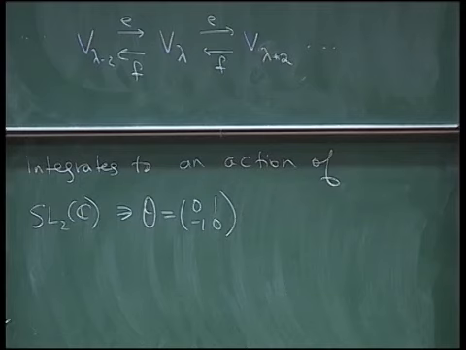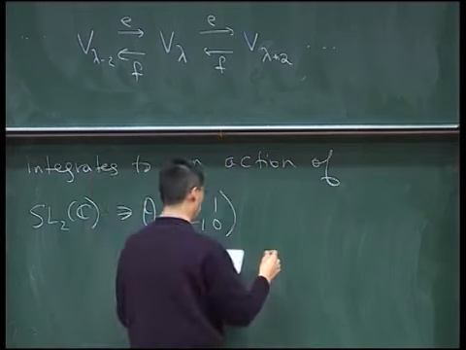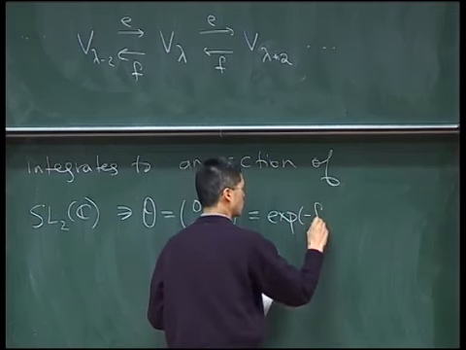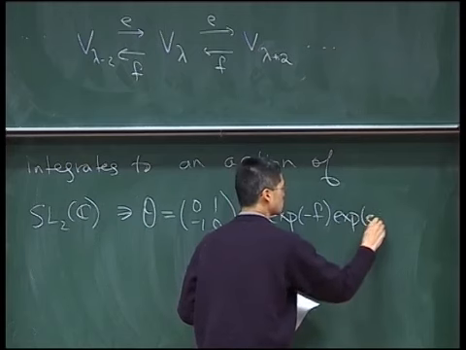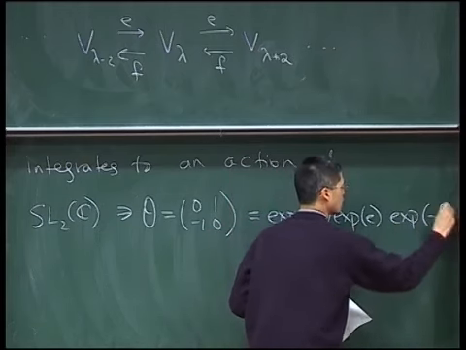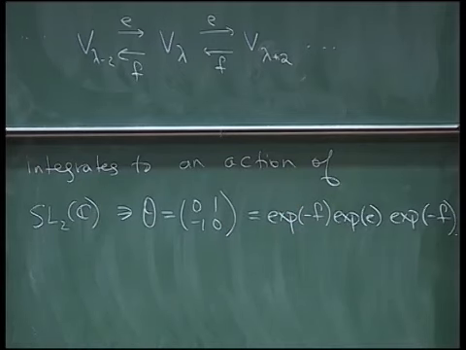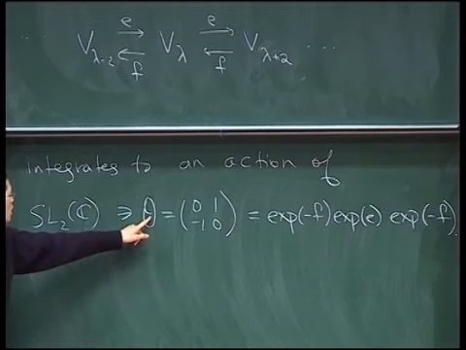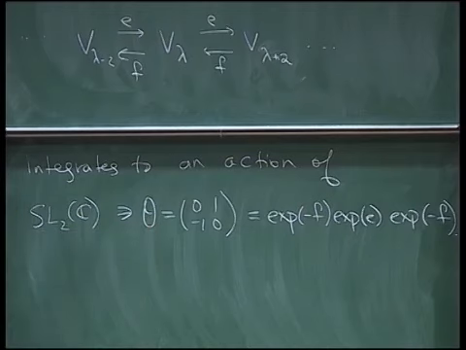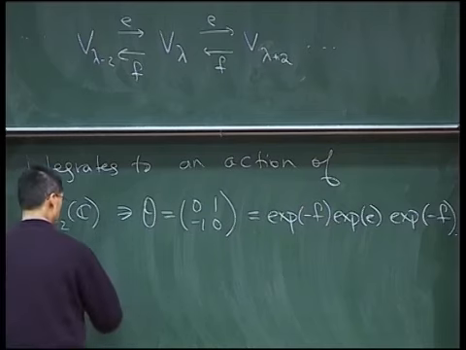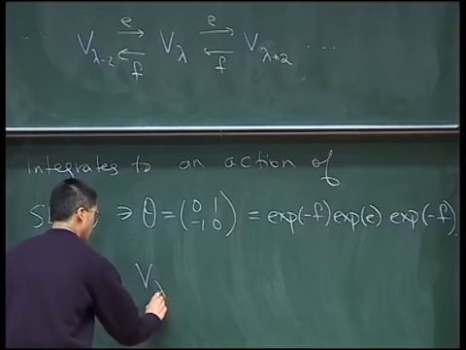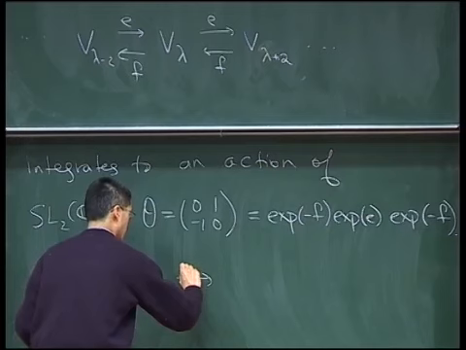And a formula for this in terms of the E and the F is given as a product of exponentials. Okay, so theta is now acting as an automorphism of the representation V, and it reverses weight spaces. So the restriction of theta to the weight space V_lambda is an isomorphism onto the opposite weight space.